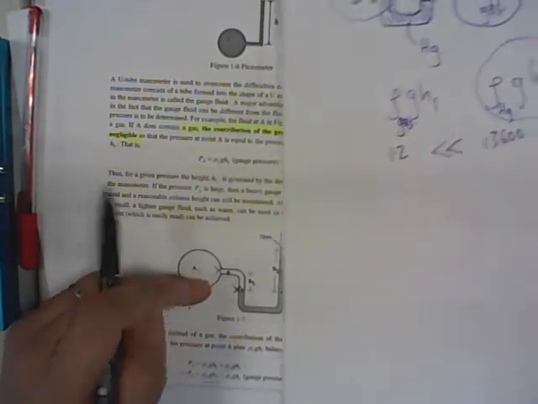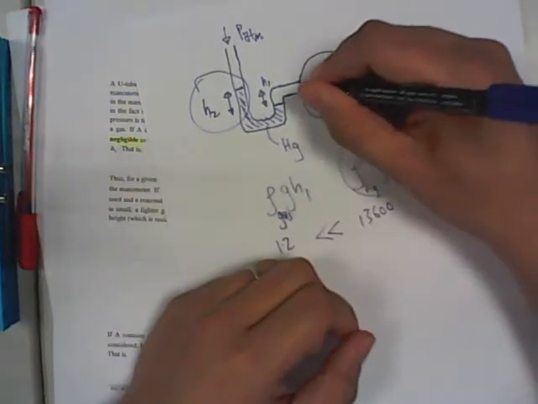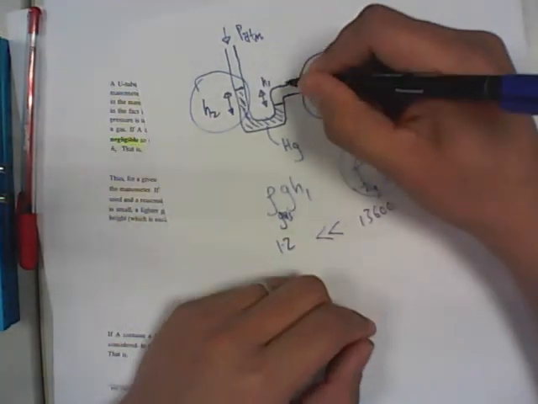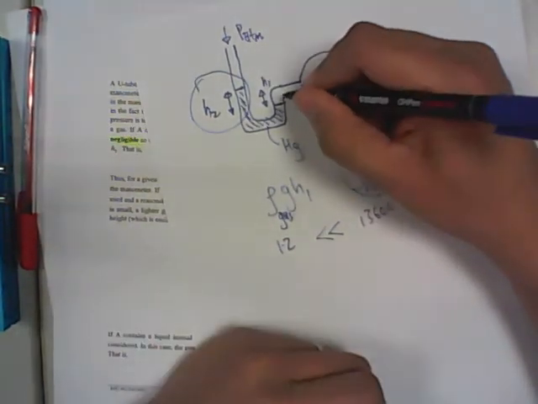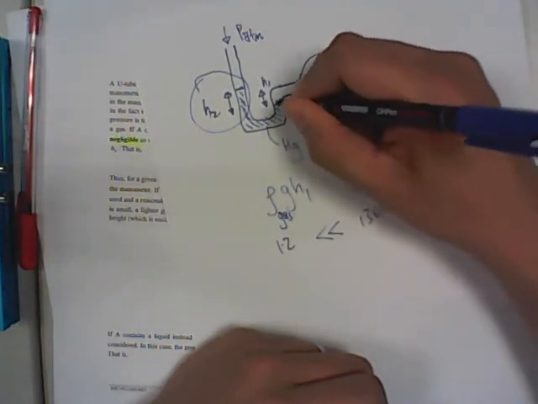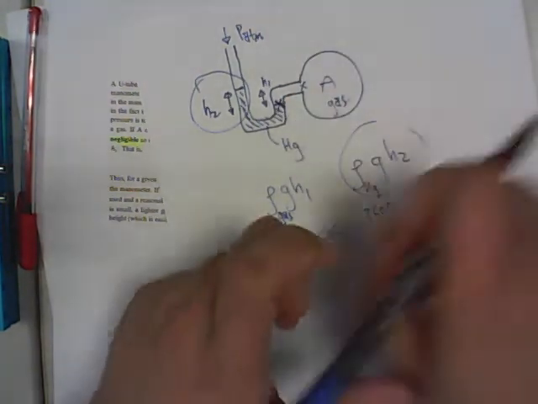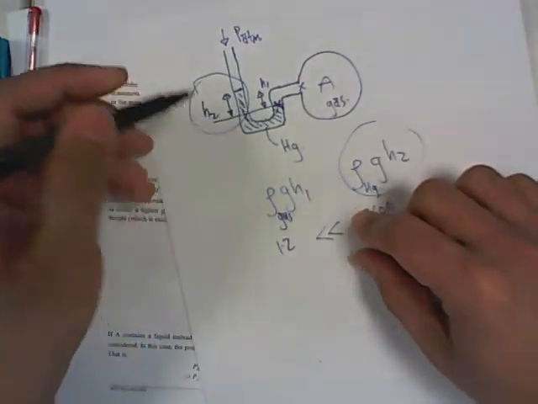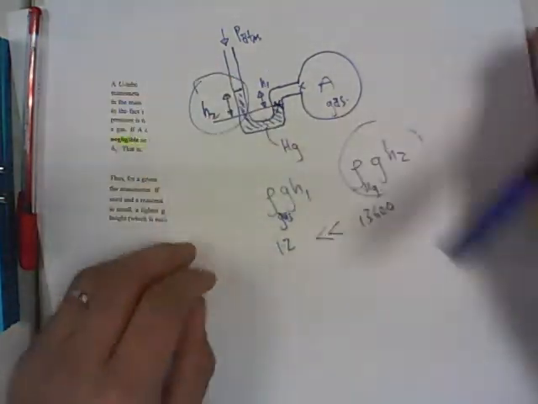What the lecture note is trying to say is that the pressure here will not have much difference compared to the pressure here, which is defining the value of H2.